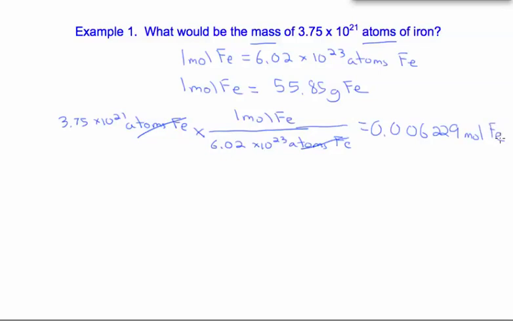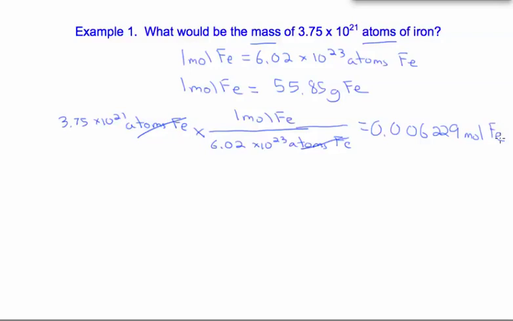At the end, we're going to have to worry about significant figures. I'm not going to worry about it in the middle. My only suggestion is don't round away numbers that are going to be significant later. What I actually do is I just leave this 0.006229 on my calculator and do the next math without having to do any rounding at all. That's the best way to do it, honestly.